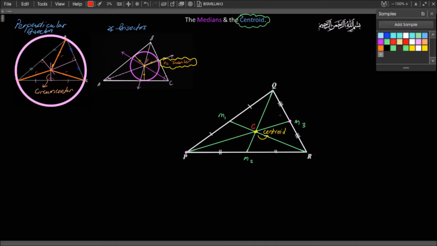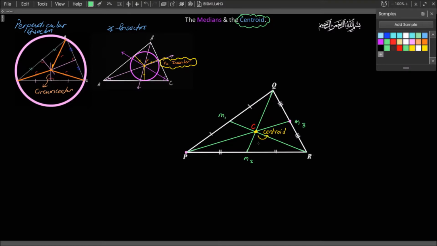So if C to M3 was 5, then this segment from P to C would be 10. Now this segment to this segment is always in a 1:2 ratio. So the centroid is 2/3 the distance from the vertex to the midpoint.